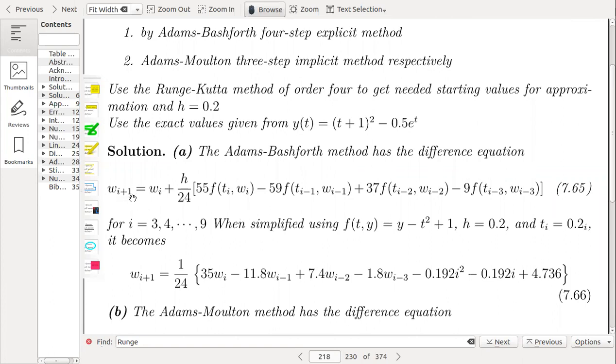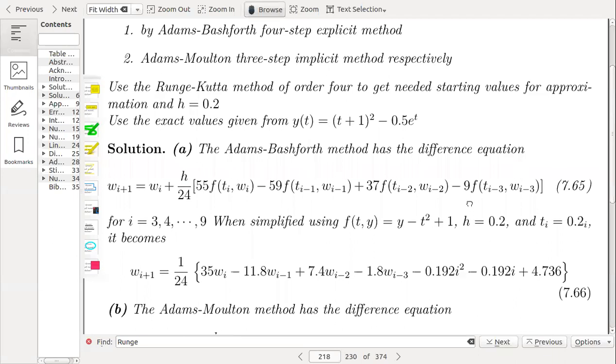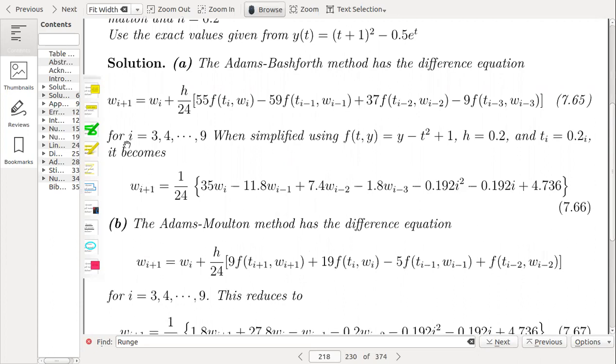So Wi plus 1 is equal to Wi plus h over 24, 55 f(ti, Wi) minus 59 f(ti minus 1, Wi minus 1) plus 37 f(ti minus 2, Wi minus 2) minus 9 f(ti minus 3, Wi minus 3), for i is equal to 3, 4, so on 9.